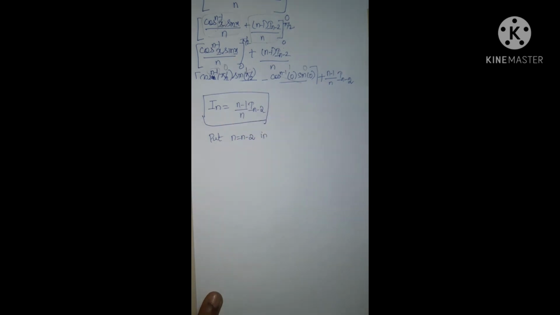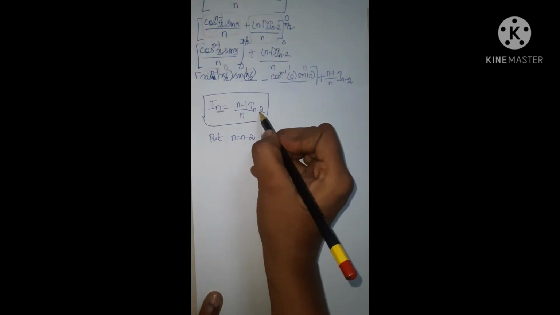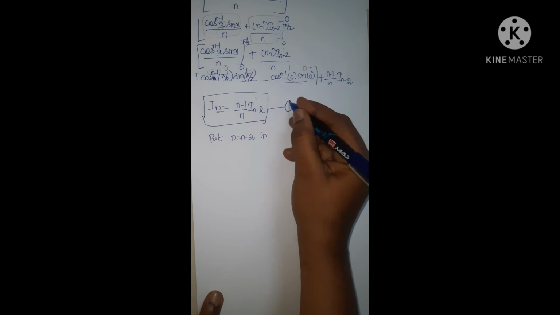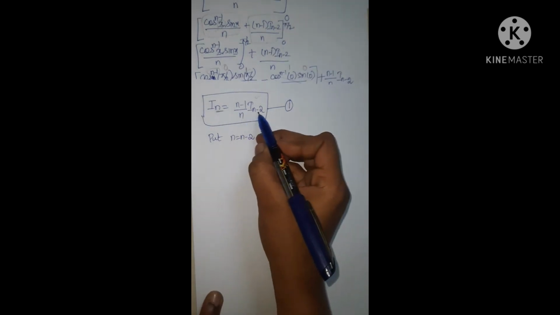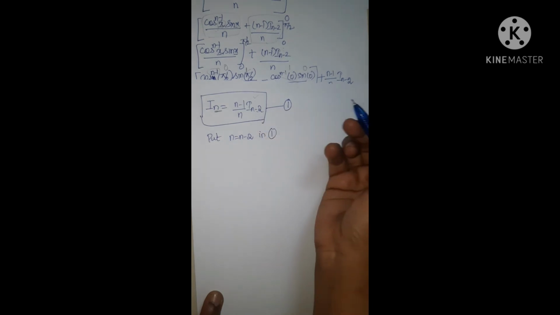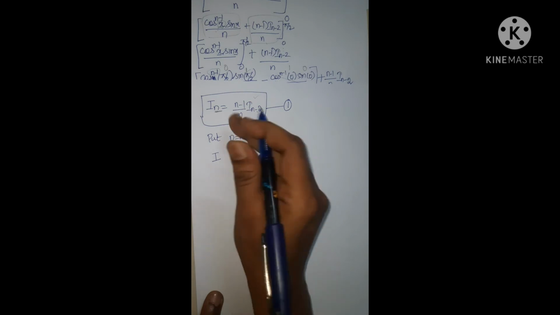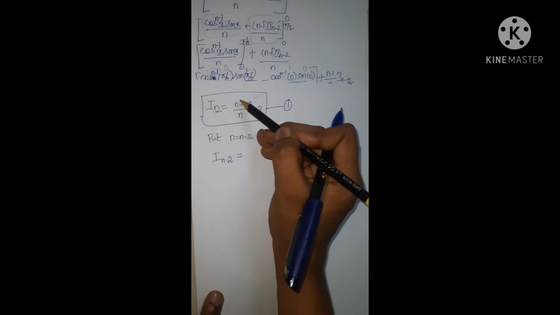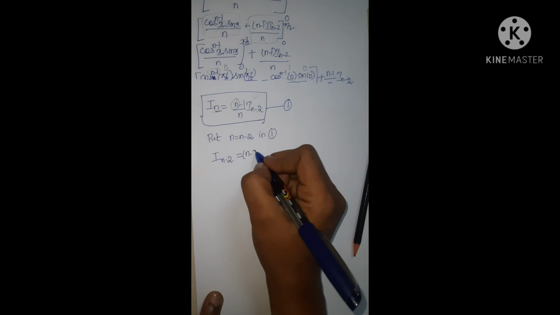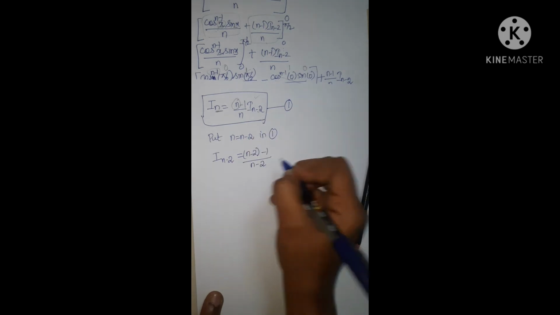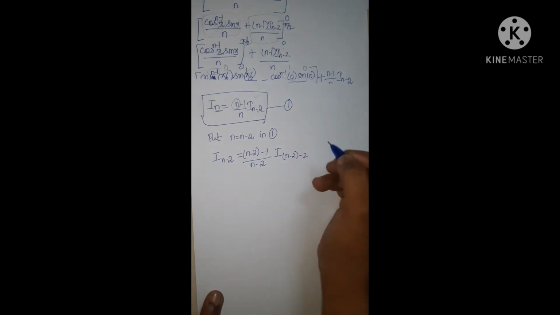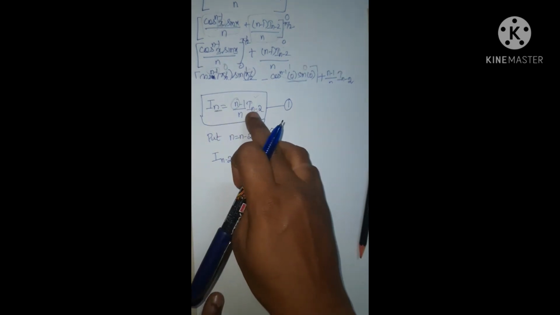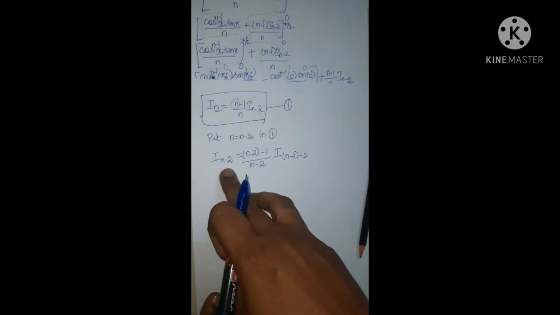If I put n minus 2 in the place of n, I will be able to get the value of I_(n-2). So I call this I_n expression equation 1, and in the place of n, put n minus 2 in equation 1 to know the value of I_(n-2).